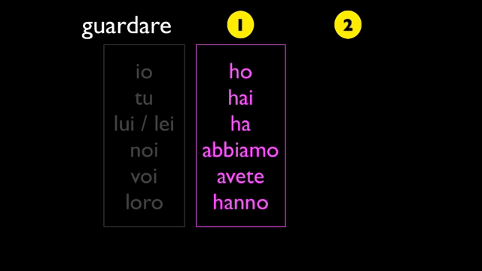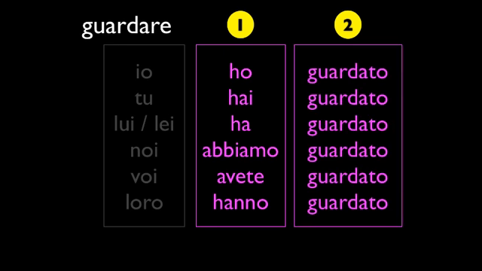And to complete the conjugation of this verb, you just need the past participle, which is, in this case, guardato. You notice that it's always the same. So if you want to say I watched, it's ho guardato. If you want to say you watched, it's hai guardato. He and she are ha guardato, and so forth. Pretty simple, actually.